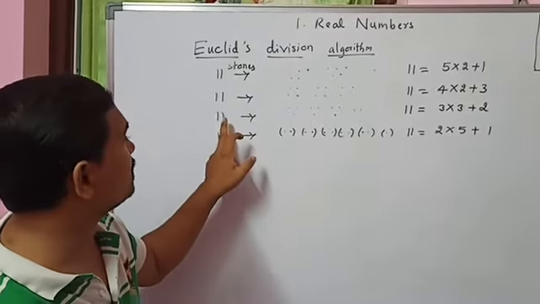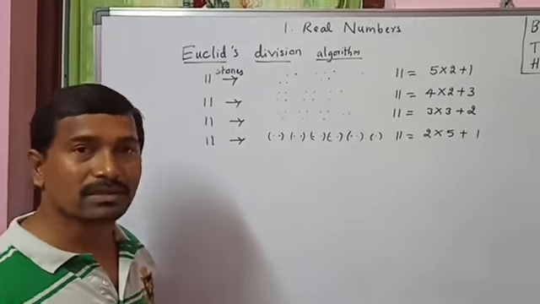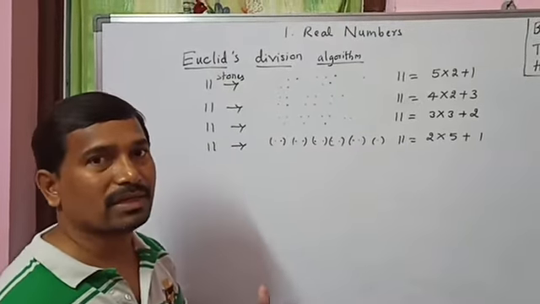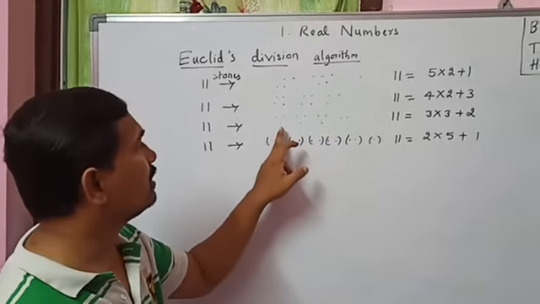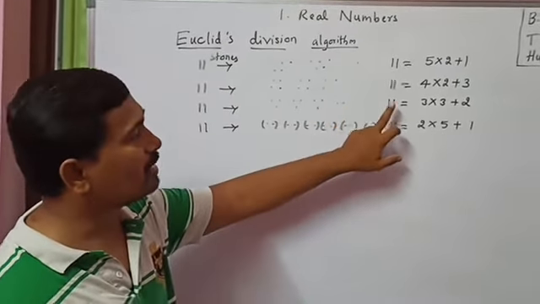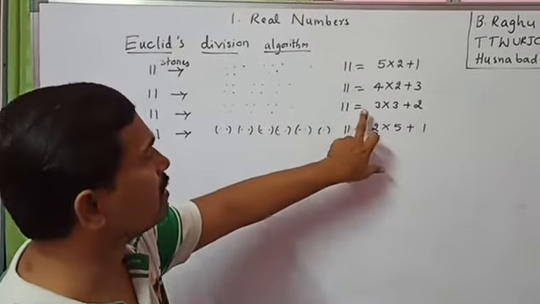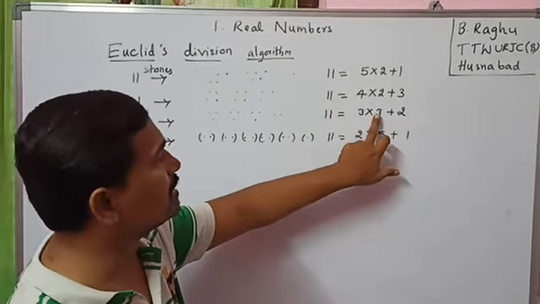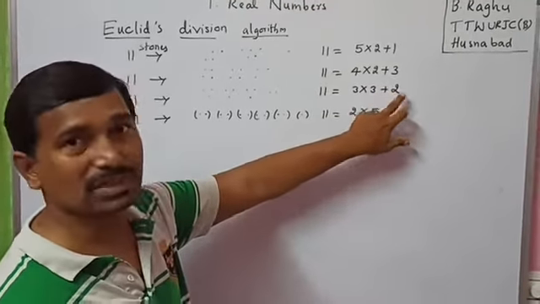If I distribute 11 stones, 3 each, then 3 students get 3 stones and 2 will be left. So 3 3s are 9, plus 2.